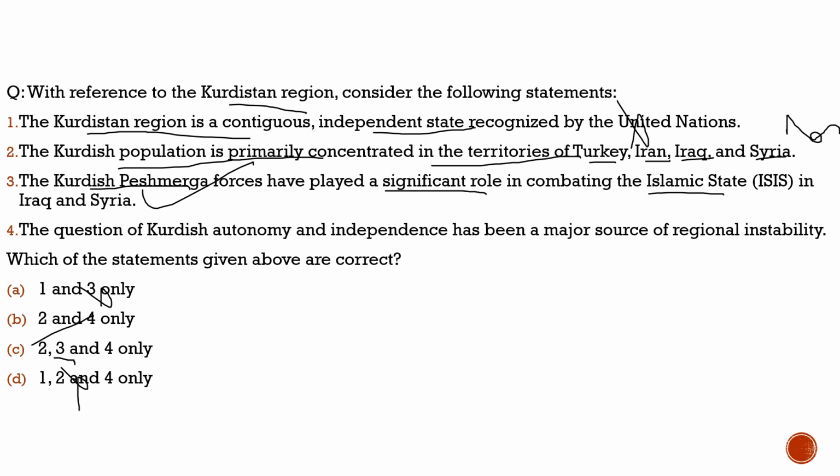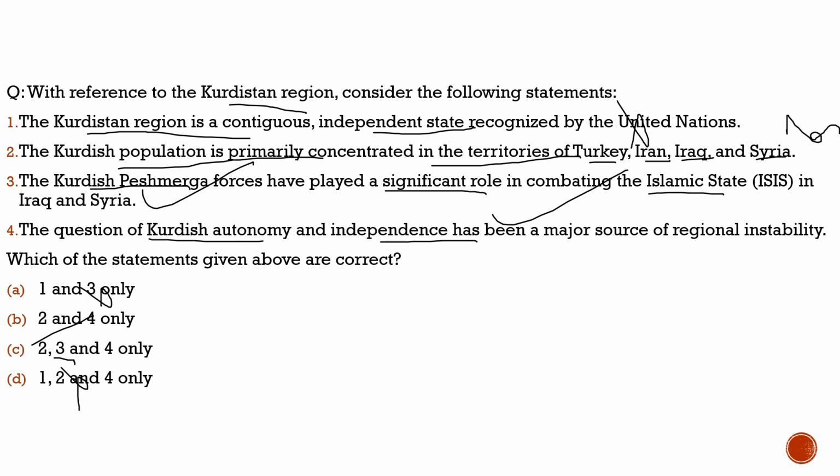They want this particular area to be known as Kurdistan. The third statement we discussed. Fourth statement: the question of Kurdish autonomy and independence has been a major source of regional instability. 100% true. So the correct statements would be statement 2, statement 3 and statement 4, and the correct code would be option C.